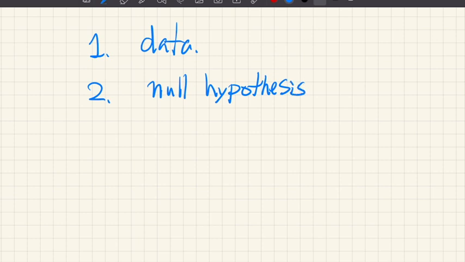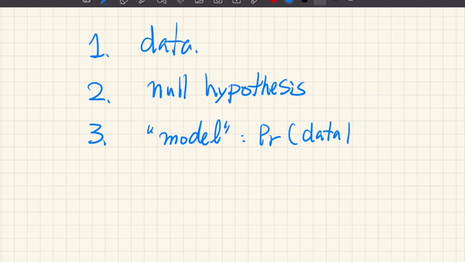So these are usually meant to be rejected. And third, the model, by which we calculate some theoretical prediction. This model calculates the probability of data given the hypothesis.